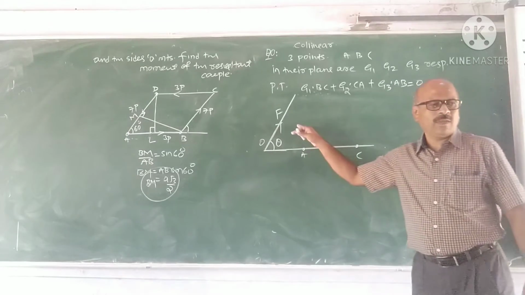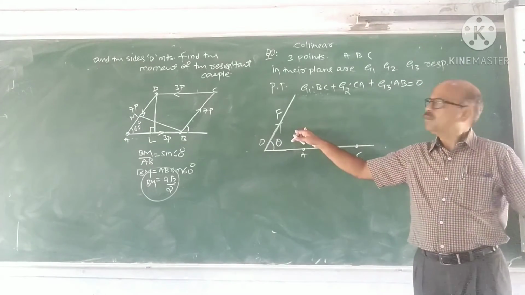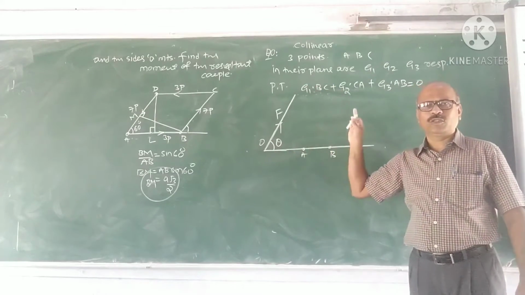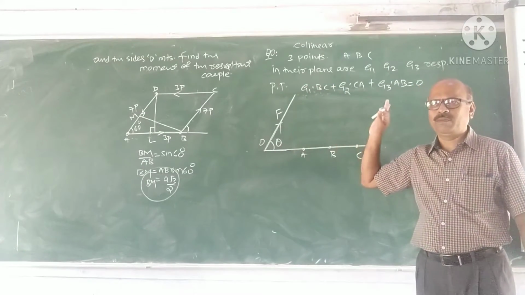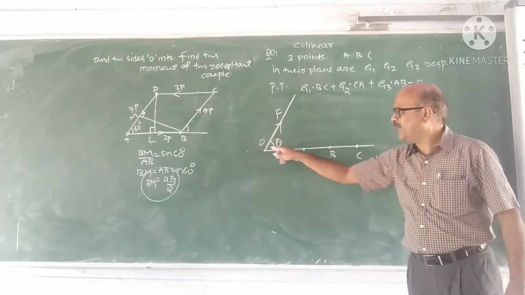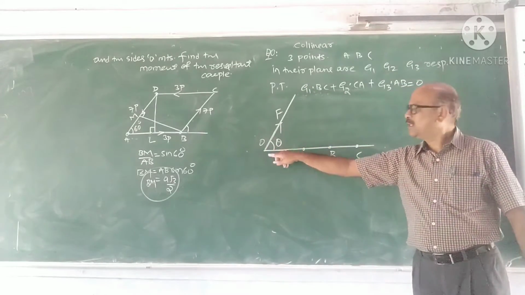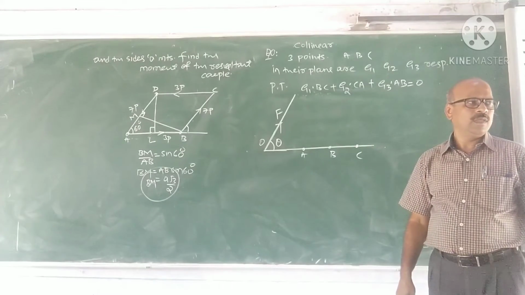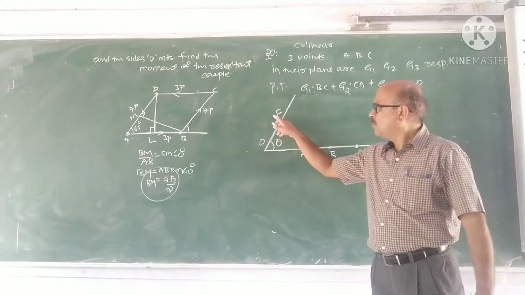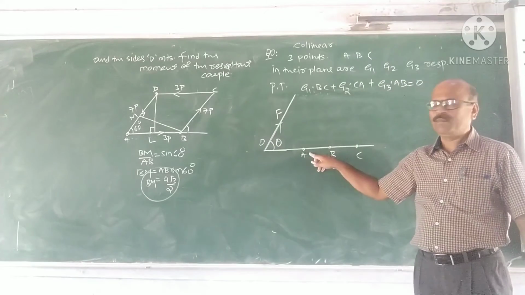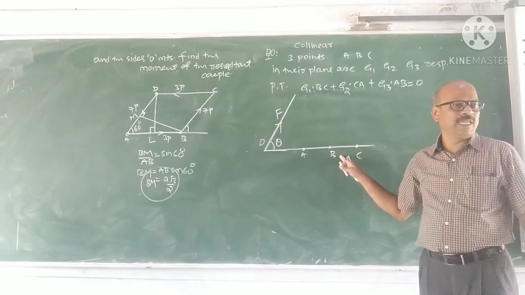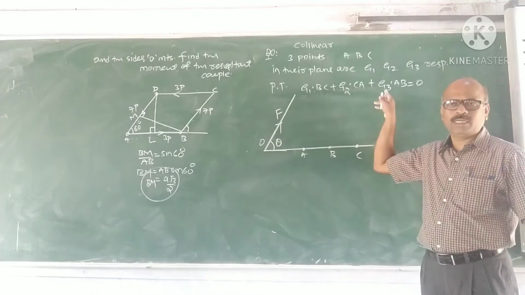Have all followed this? Now what is given? Moment of F about A is G1, about B is G2, about C is G3. Then prove this thing.